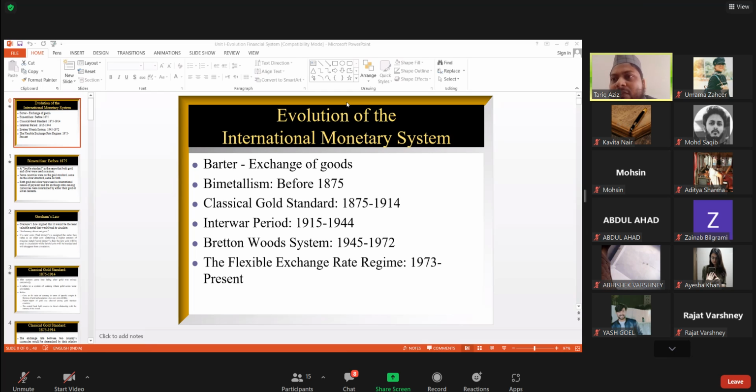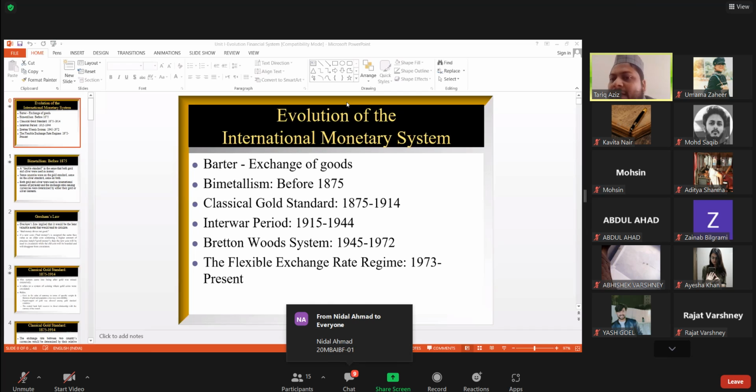The other nations thought that this is a system to keep us backward. The US itself is not following the rule. So the trust in the US dollar deteriorated. So this system continued till 1972.